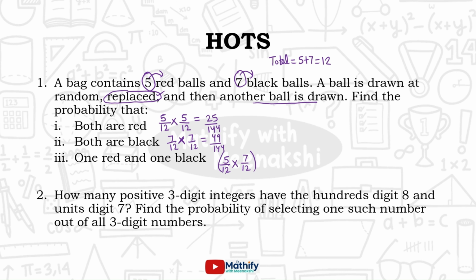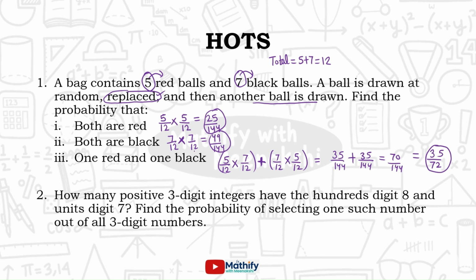Or here we have two options: first you will select black and then you will select red. So in this case, in between you will add plus because we have two possibilities here. What will I get? 35 by 144 plus 35 by 144, that is 70 by 144. And if you solve, you will get 35 by 72 if I cut with the table of 2. So these are your final answers.